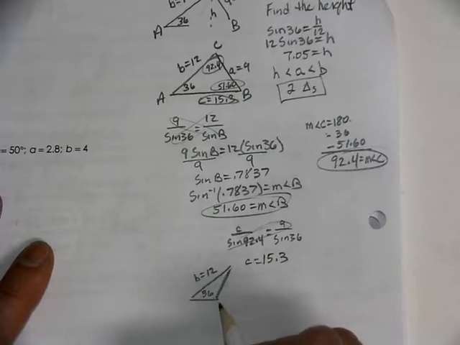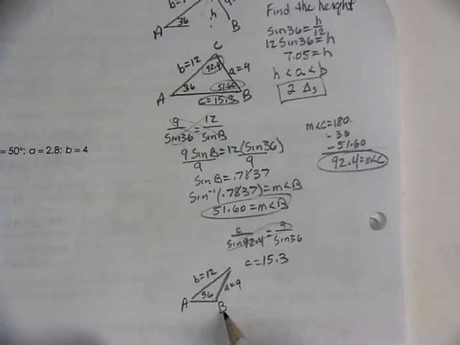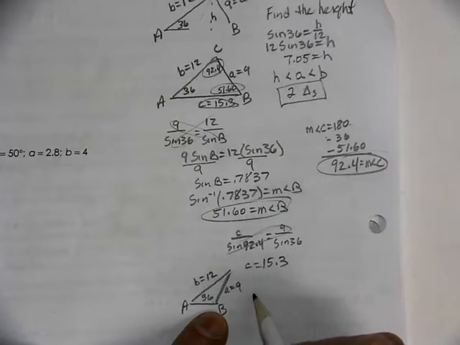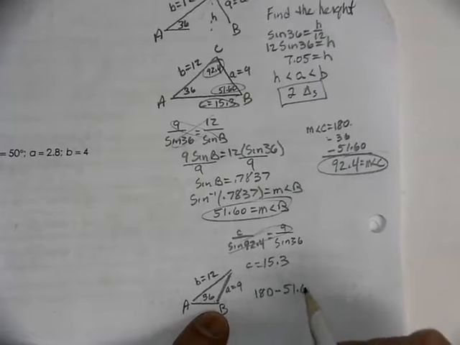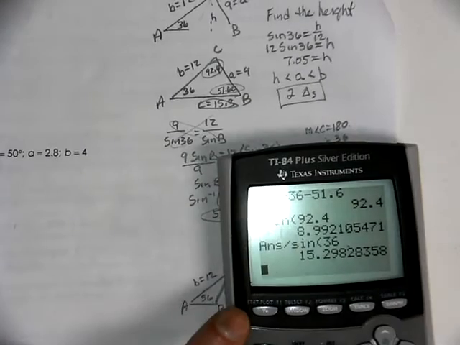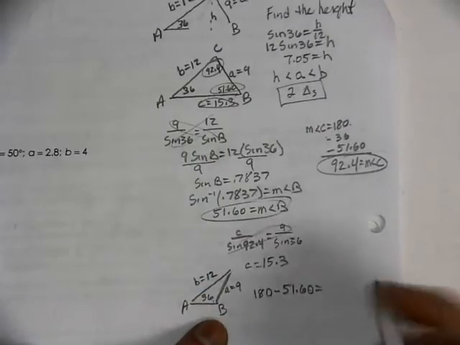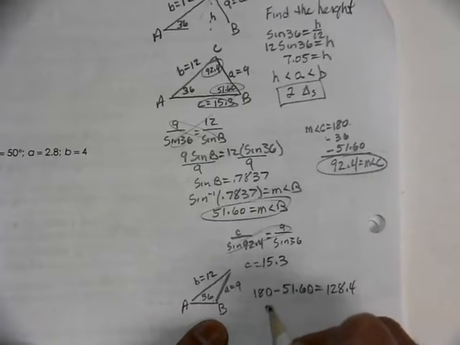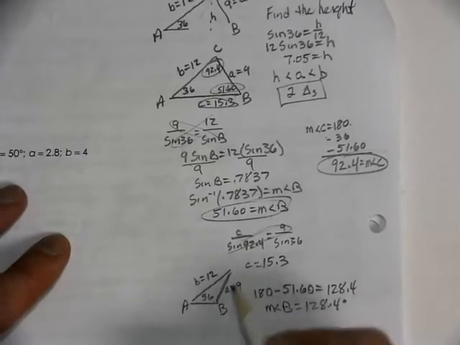And when we swing in, we get this obtuse angle B. This obtuse angle B is supplementary to what we had originally up here for angle B. So 180 minus the 51.60 gives us 128. So the measurement of this angle B is going to be 128.4.